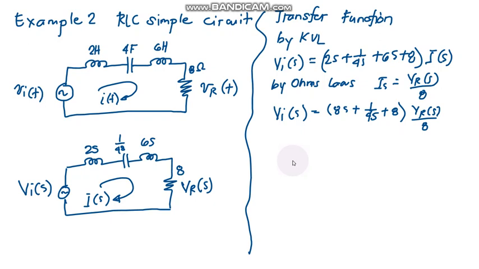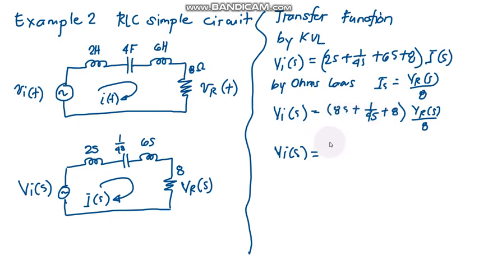And simplifying further, we multiply 1 over 8 with this equation, and at the same time add the fractions with the whole numbers.